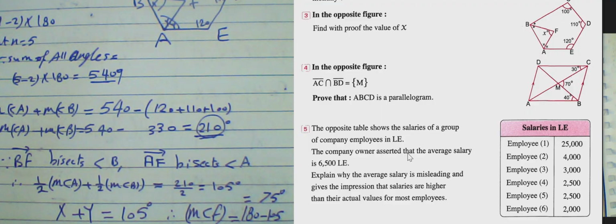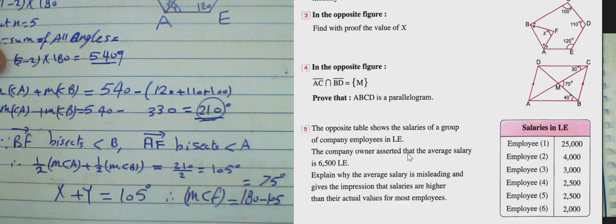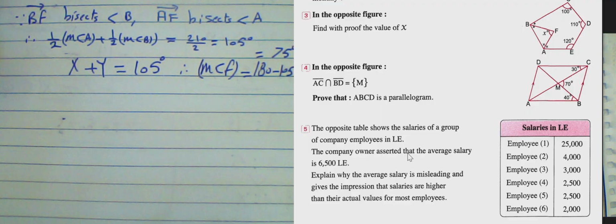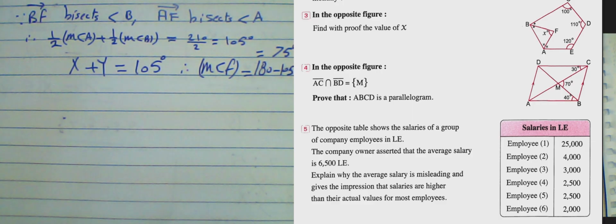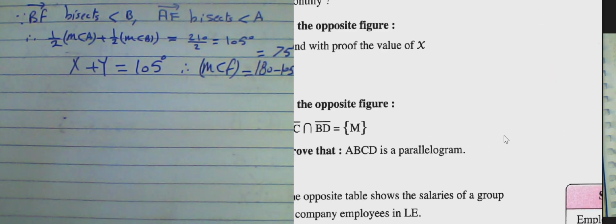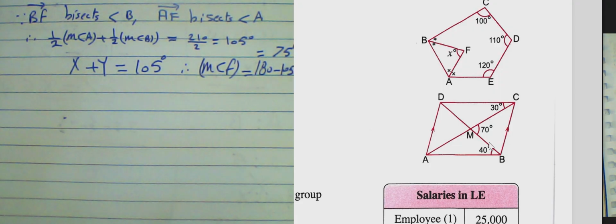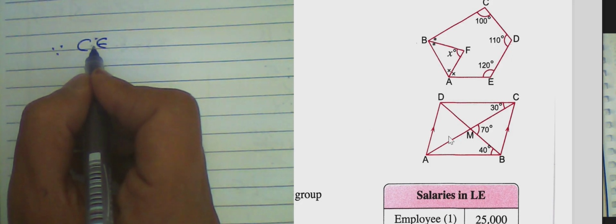In the opposite figure, EC intersects BD at M. Prove that ABCD is a parallelogram. To prove that ABCD is a parallelogram, we must prove that DC is parallel to AB. To prove that DC is parallel to AB, we must find the measure of this angle in triangle AMB. We can find it by the exterior angle.